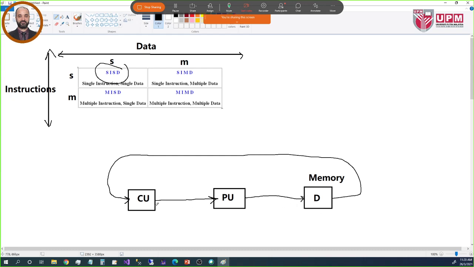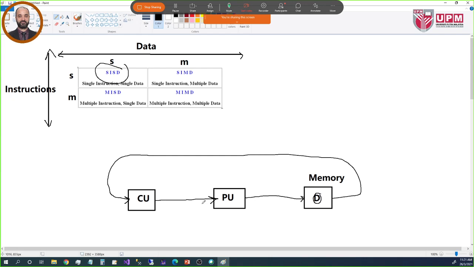The flow of the execution is going to be in this way. The control unit is going to allow the processing unit to execute only a single instruction per time. At every point of time, only a single instruction is going to be processed based on only a single data.